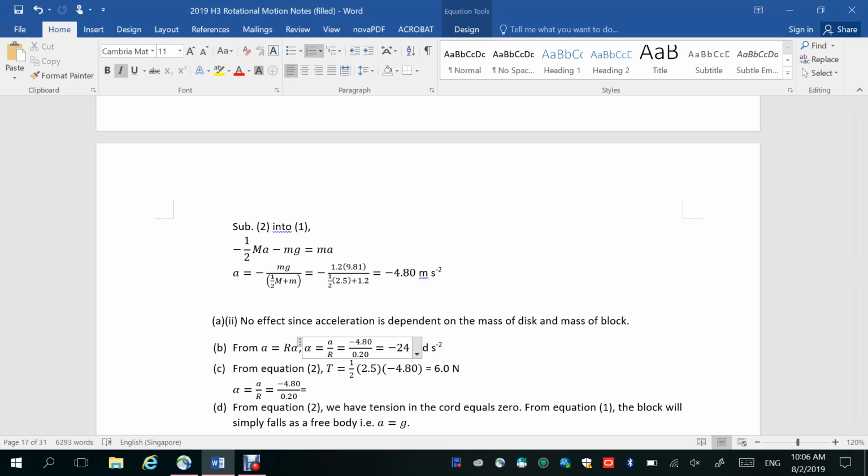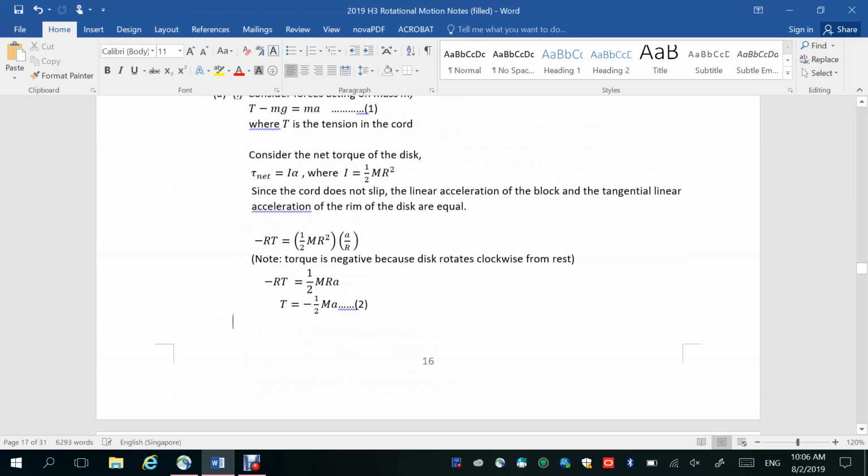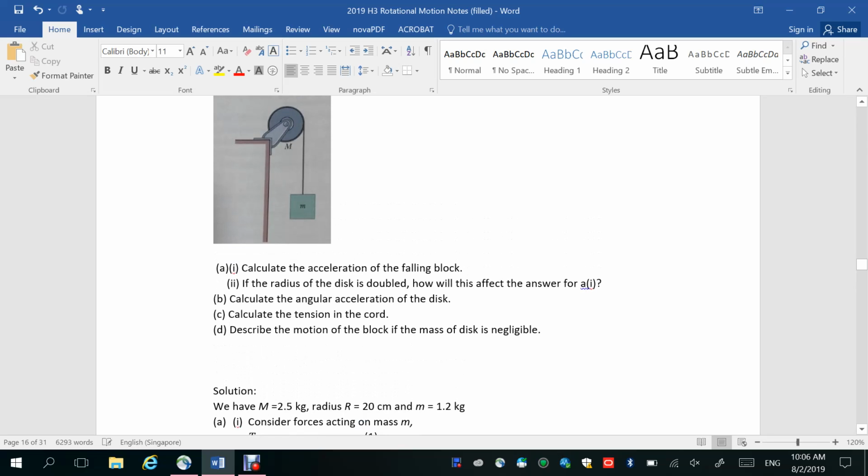I should add a negative sign actually, but it doesn't matter. With respect to the big M, the tension is clockwise.